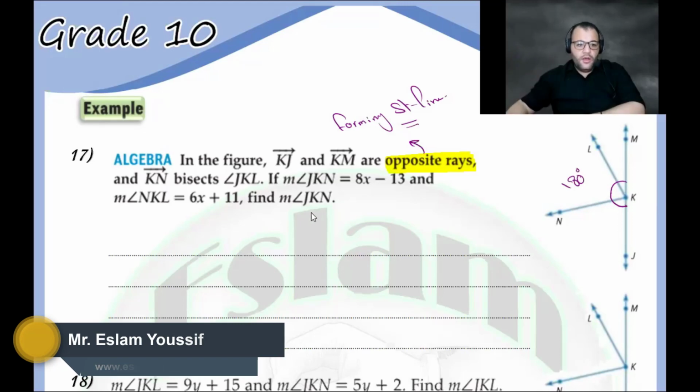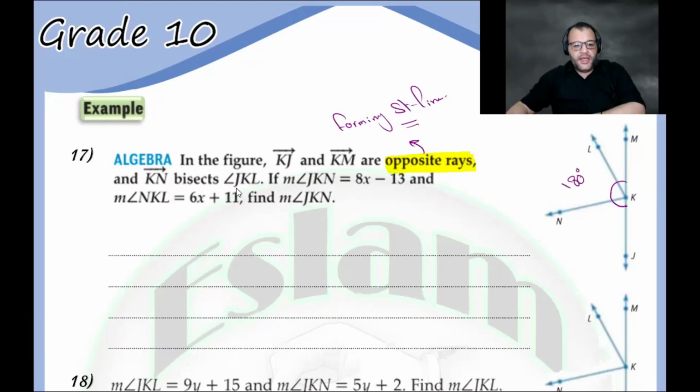KN bisects angle JKL. Where's KN? That's KN. So KN bisects angle JKL. It means this part is equal to that one. You understand now? Okay. Measure of angle JKN.